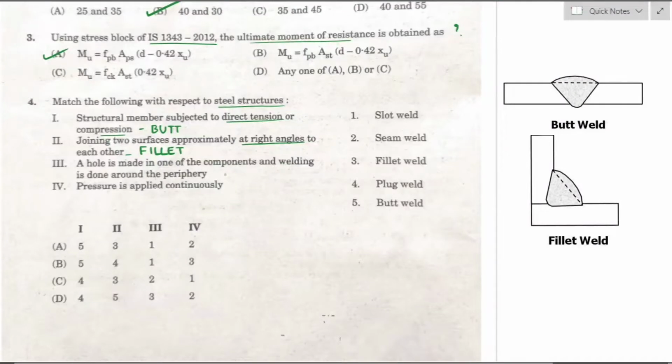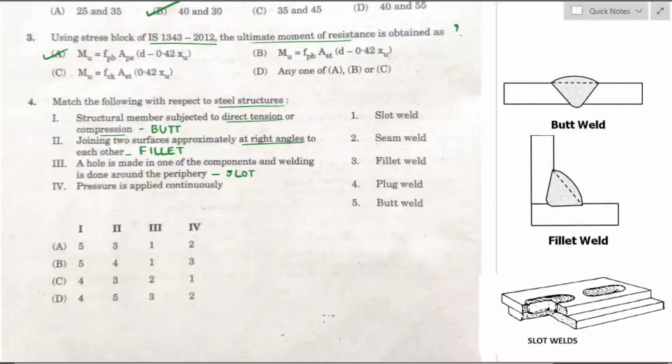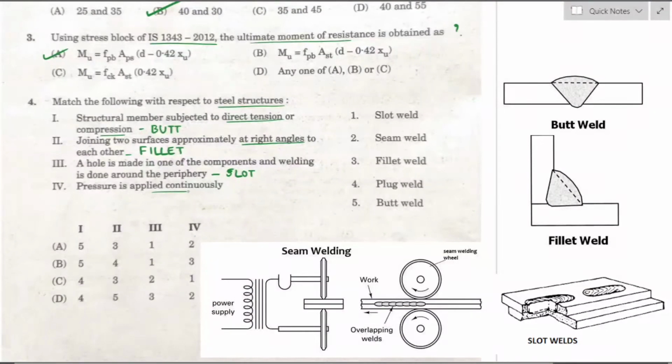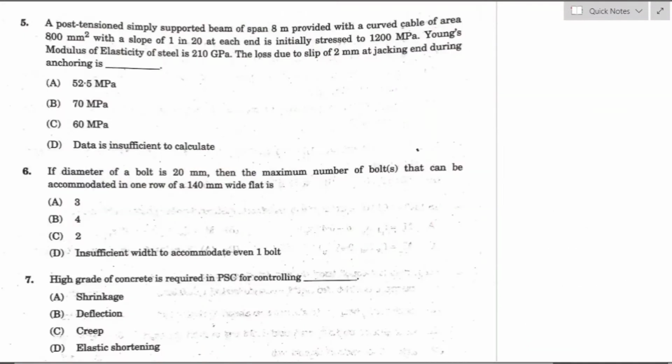A hole is made in one of the components and welding is done around the periphery means it is a type of slot type of weld. Statement 4. Pressure is applied continuously means it is a type of seam weld. So the correct code combination for the given statement is option A.